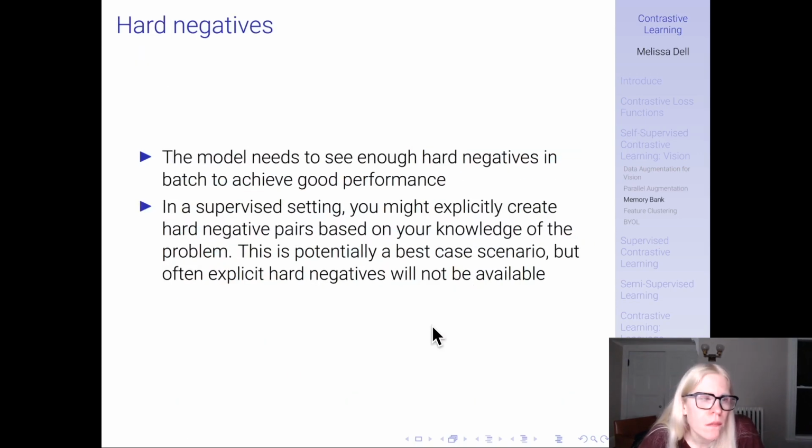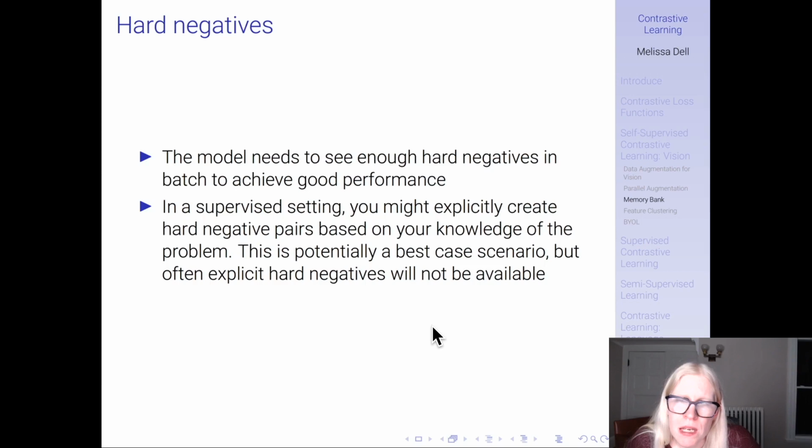And so the problem with this, and we'll see this in more detail in a minute, is that the model needs to see enough hard negatives in the batch to achieve good performance. Because a lot of the randomly sampled negatives in your batch are just going to be very different. And the pre-trained encoder will already know that they're very different, so you just don't learn too much from those samples.